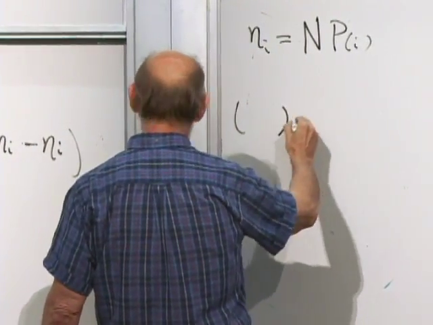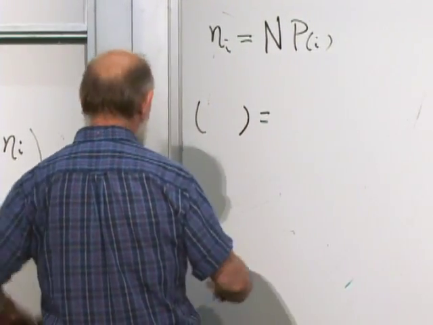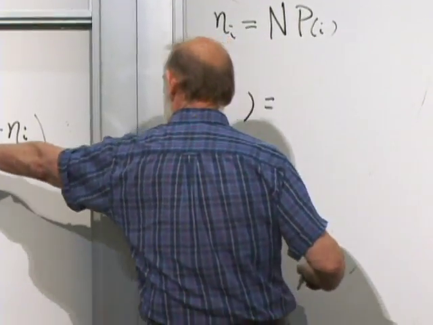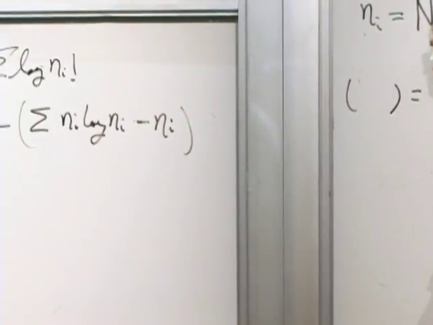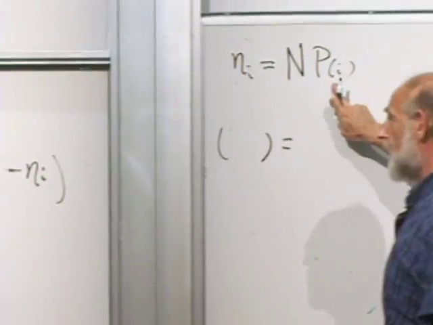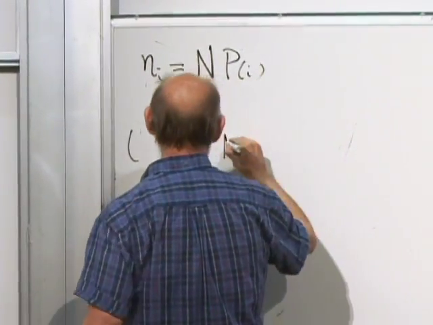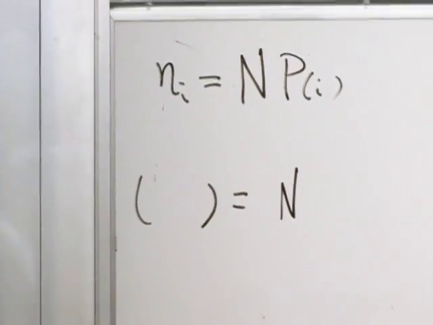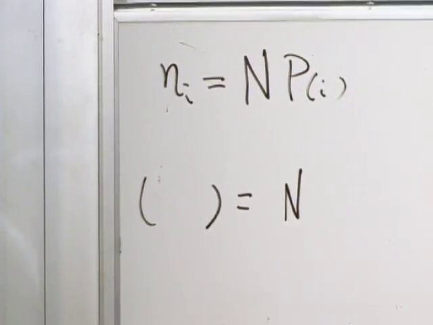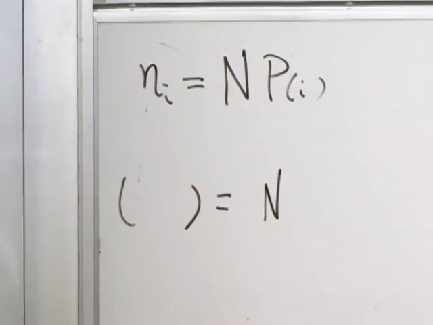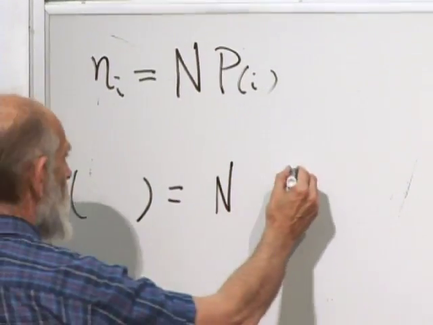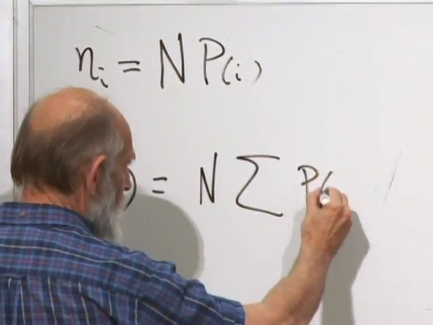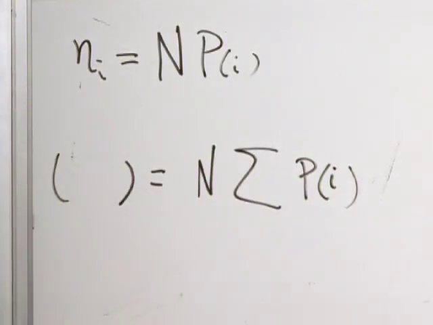The thing in the brackets then is equal to each n sub i gets replaced by N times p sub i. So that's going to give you an overall factor of N. Each n sub i will be proportional to capital N. There'll be an overall factor of N, and then there will be a sum, and the first factor will be p of i.